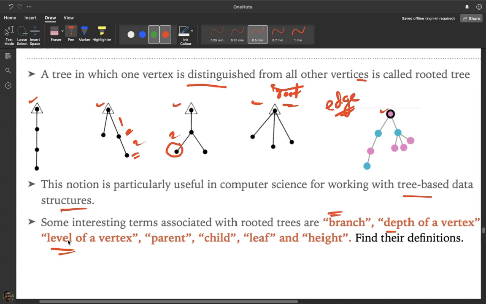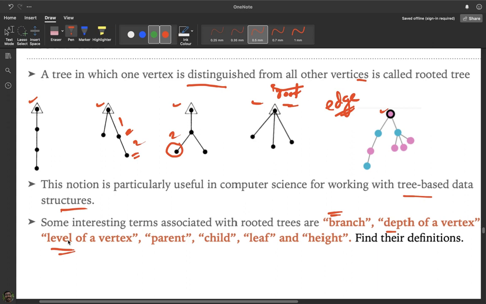So level here also means the distance from the root. We will be using that definition, but if you look at some other textbooks or on the internet, level is the number of vertices between the root and the concerned vertex.